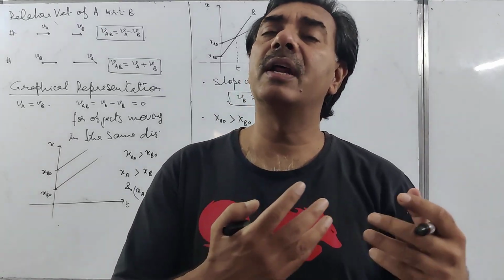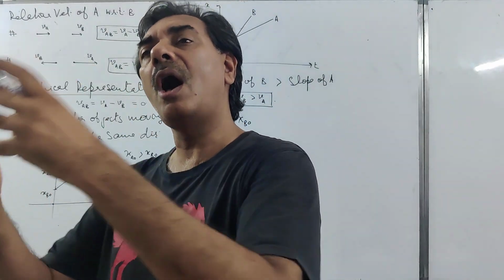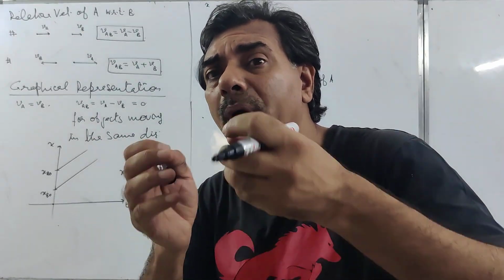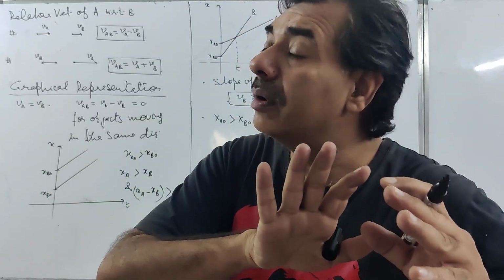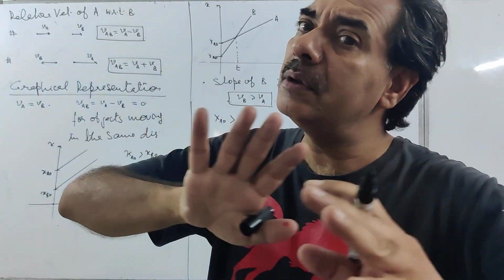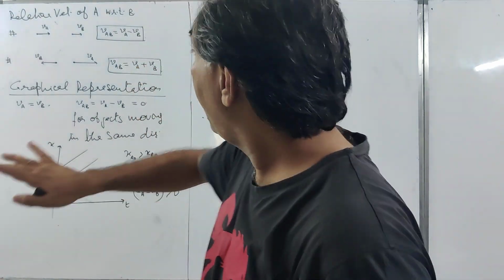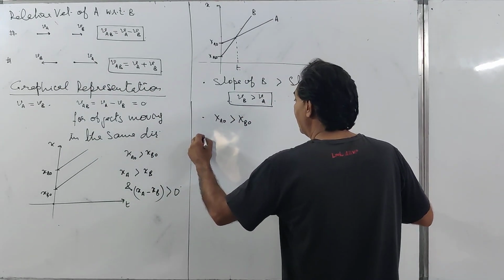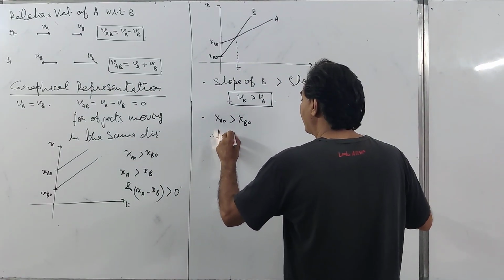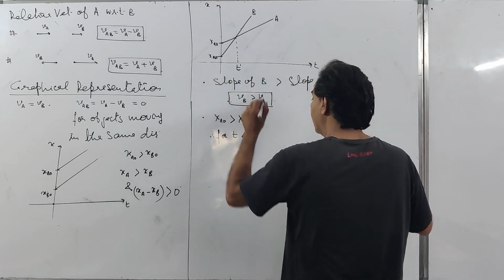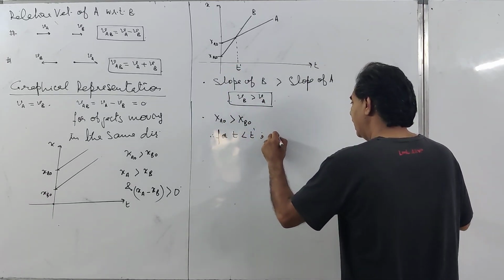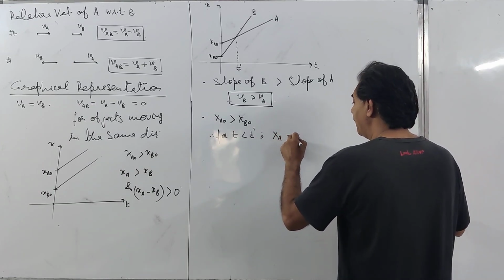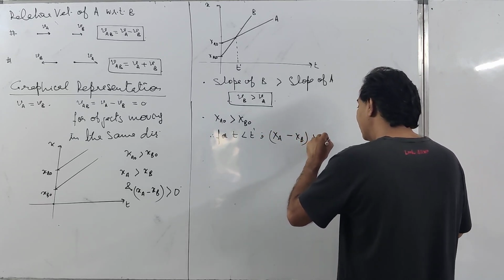With respect to a certain reference point, A is ahead of B, B is behind A. Both started moving together, but B is faster than A. It means B will keep gaining on A, and at a time t dash, B will just overtake A. Therefore, for t less than t dash, any position xa minus xb would be greater than 0.